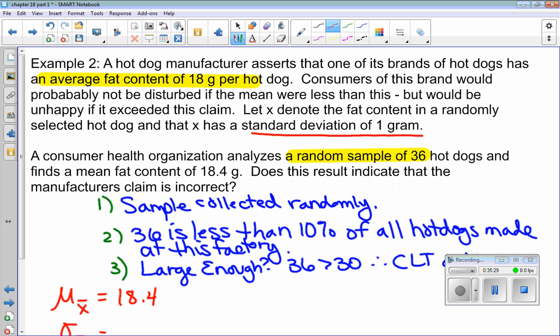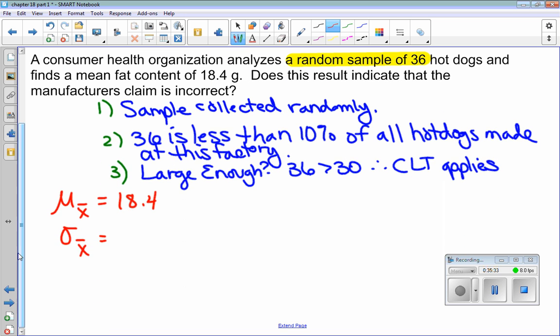So 1 divided by the square root of 36, which is 1 divided by 6, which is 0.16 repeating, obviously a lot smaller than 1. We expected it to be smaller, didn't we? So we're trying to figure out: does it indicate that the manufacturer's claim is incorrect?